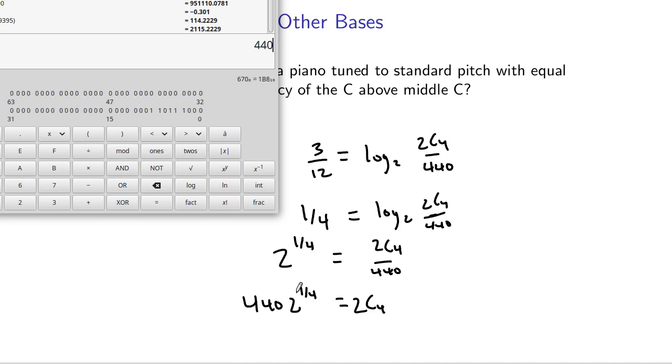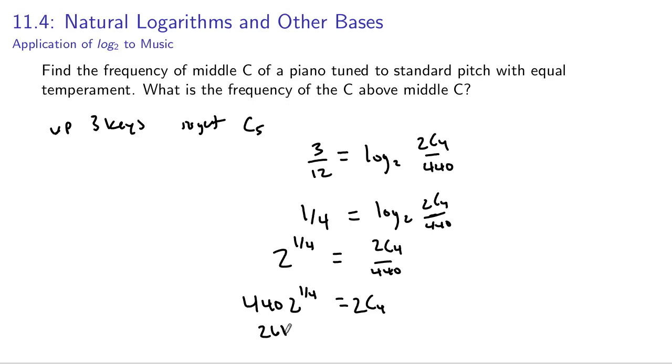So 440 over 2 is 220. 220 times 2 to the 1/4 gives us 261.625. 261.625 hertz is the frequency of middle C if we're using concert standard pitch, where A is 440 hertz with equal temperament tuning.